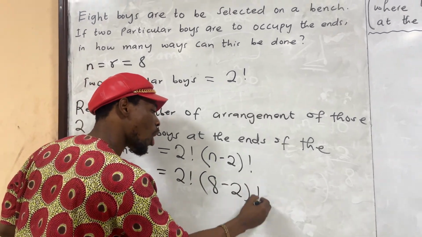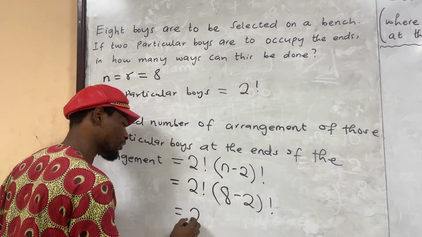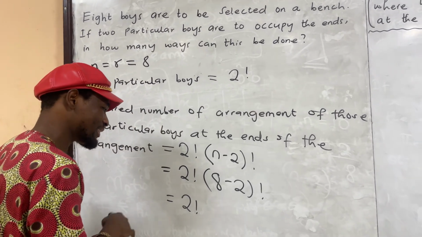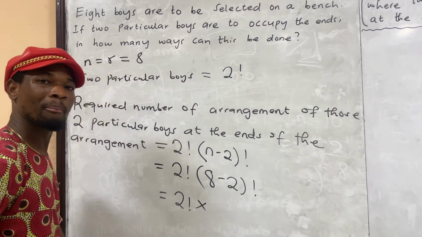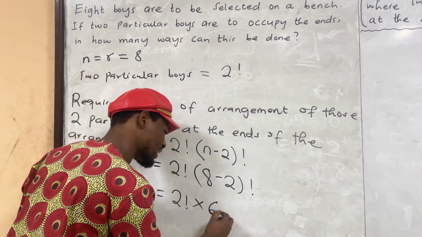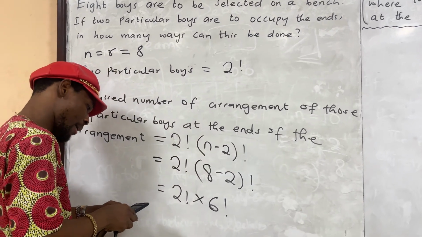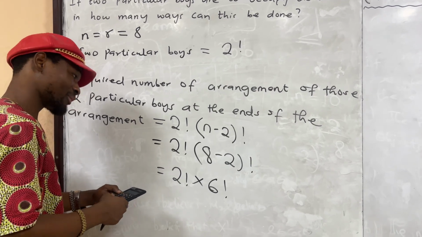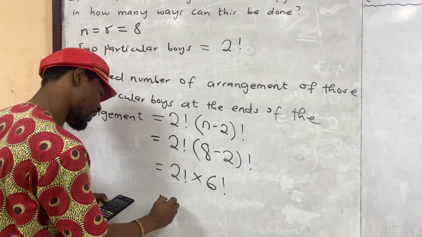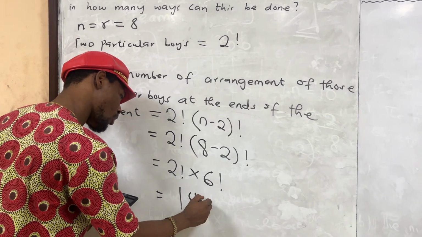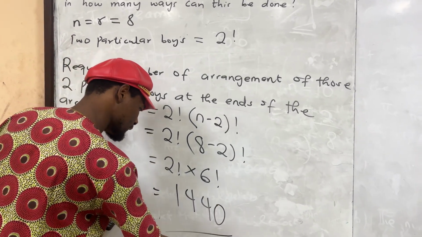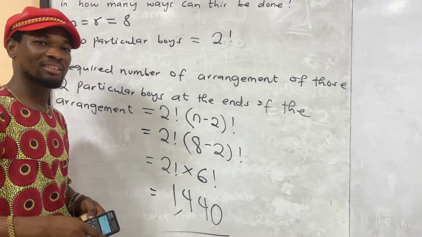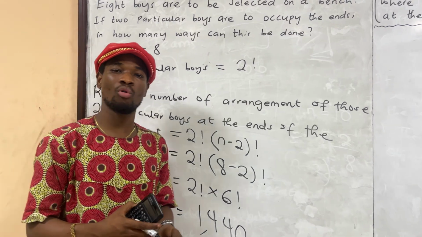Then minus 2 all factorial, which is equal to 2 factorial times 8 minus 2, which is 6 factorial. And by the help of the calculator, 2 factorial times 6 factorial should give us 1440. Viewers, this is the end of this simple question.